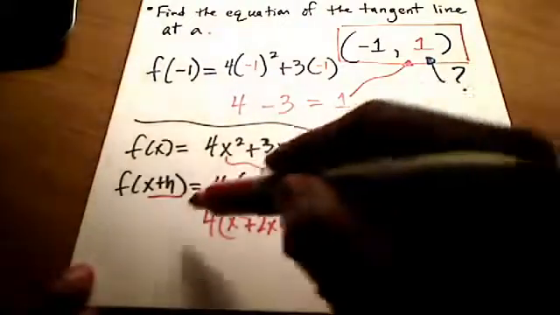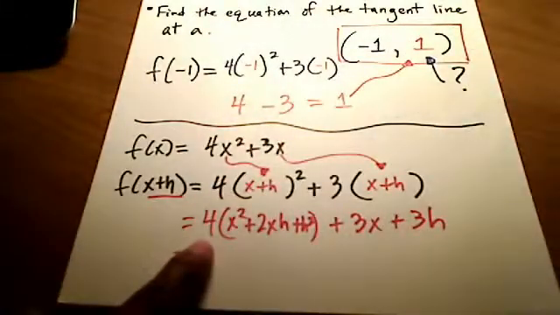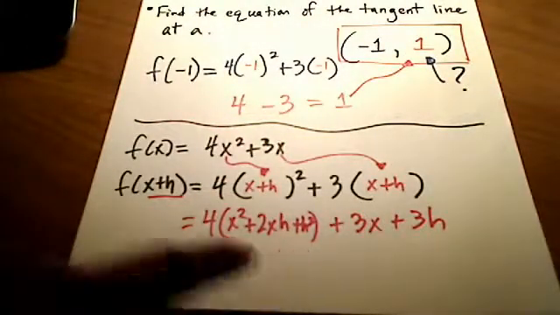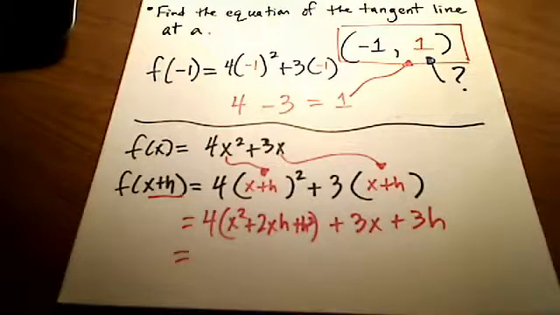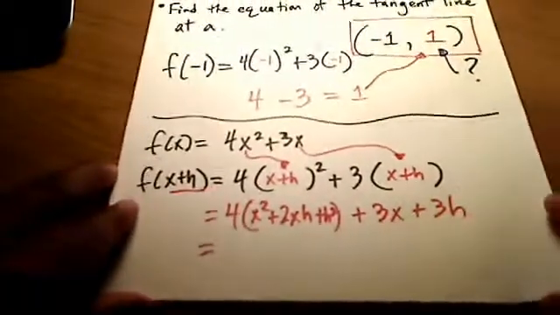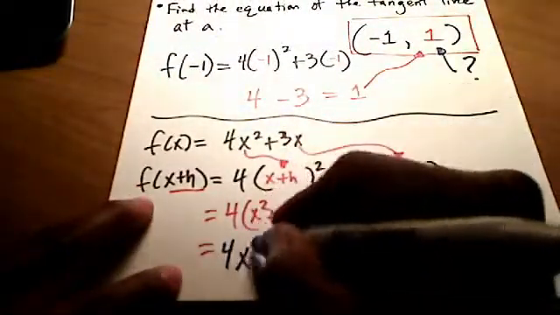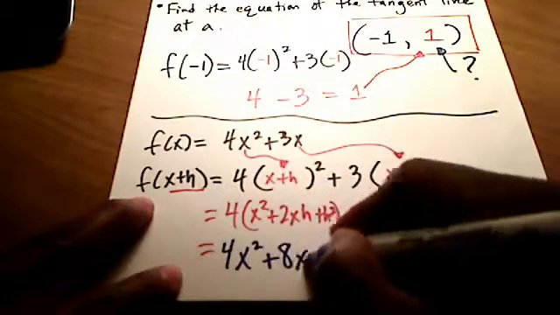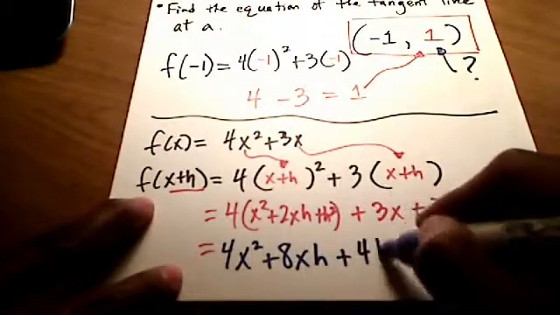And I have one more distribution to do, and that is I need to distribute this 4 times everything in this parentheses after it. So down here at the bottom, my f of x plus h is this big, long polynomial. Ready? Here goes. It is 4x squared plus 8xh plus 4h squared.